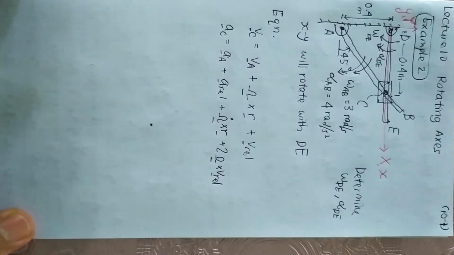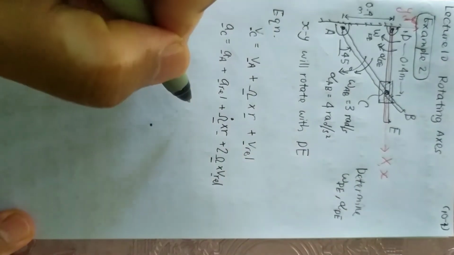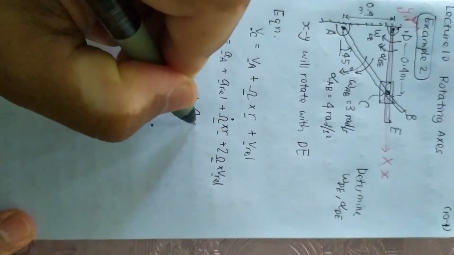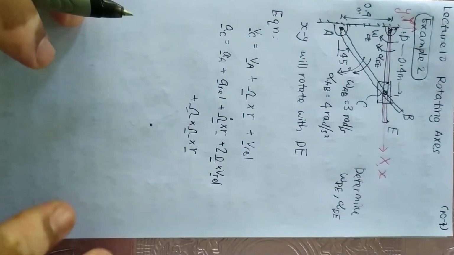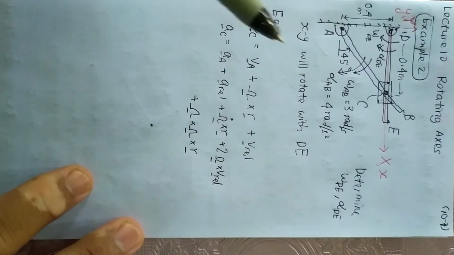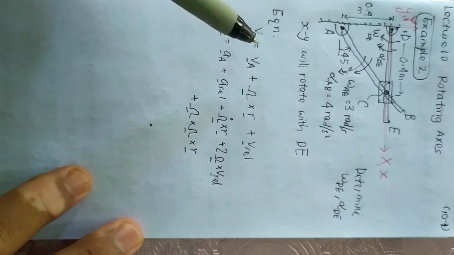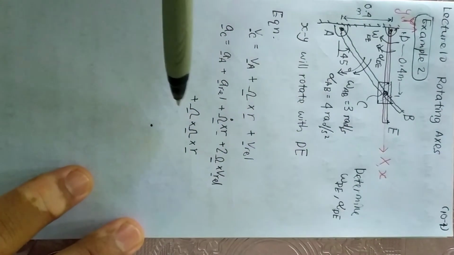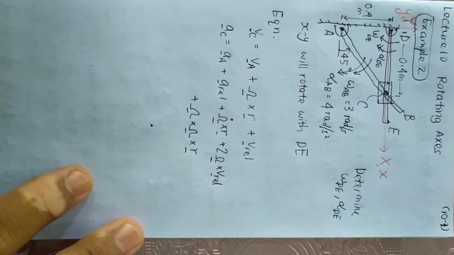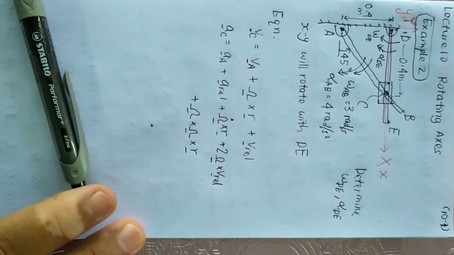And finally plus omega cross omega cross R. Remember, we obtained this equation from our derivation, so how do we relate it to this kind of scenario? How do we map these two together?